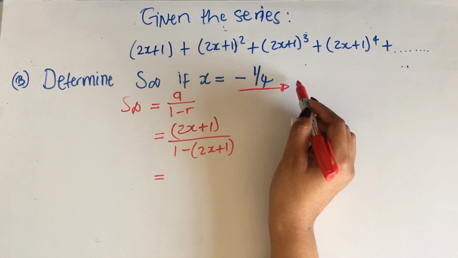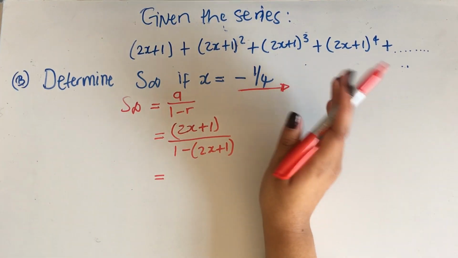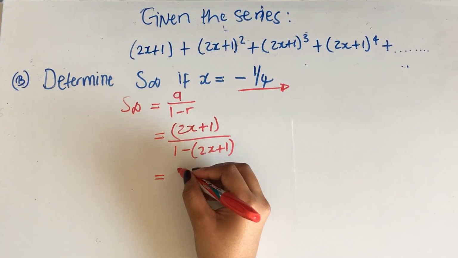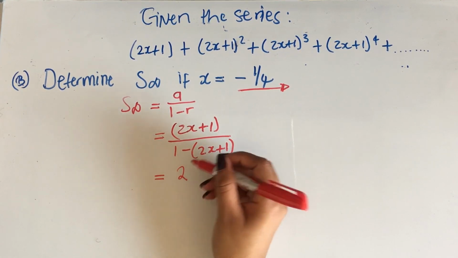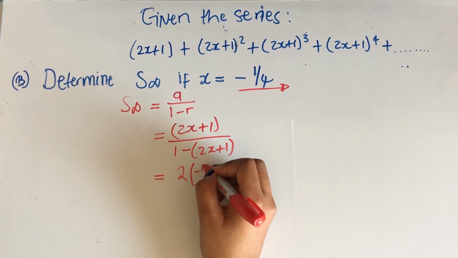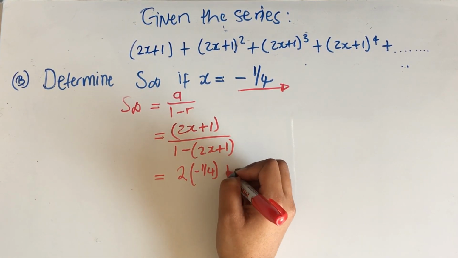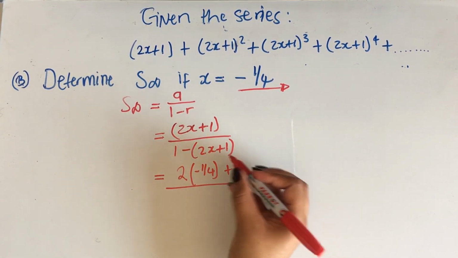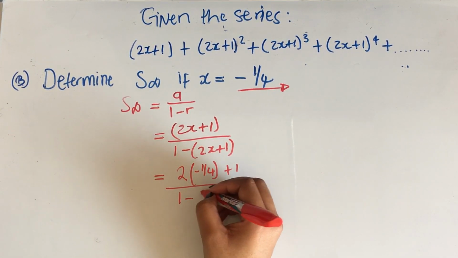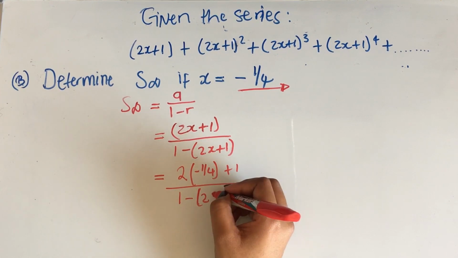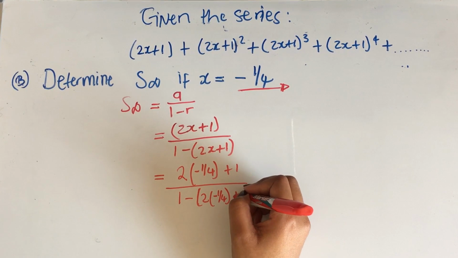So meaning where there's x, we will substitute with negative 1 over 4. So we have 2 multiplied by negative 1 over 4 plus 1 over 1 minus 2 into negative 1 over 4 plus 1.